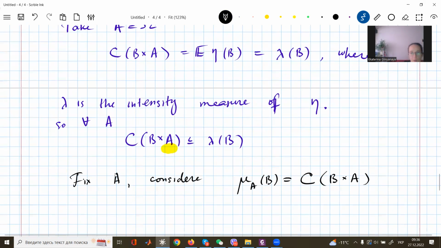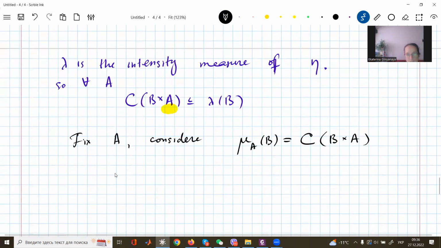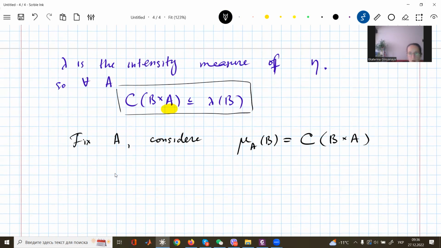So now I want to say that this measure is bounded by the intensity measure. From this formula, I can write that this measure is bounded by the intensity measure.